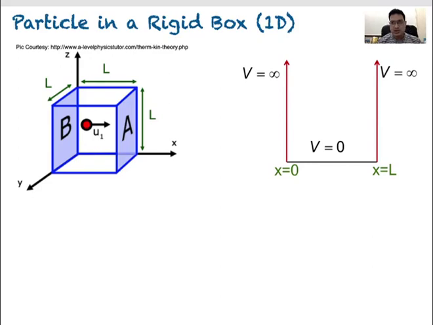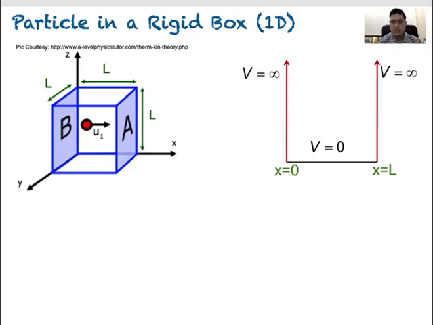So we can say that the potential at these two boundaries, x equal to 0 and x equal to L, is infinite, and inside the box the potential is 0, so the particle can move freely inside the box. As the motion is along the x-axis, we have reduced the cubical box into a one-dimensional infinite potential box.